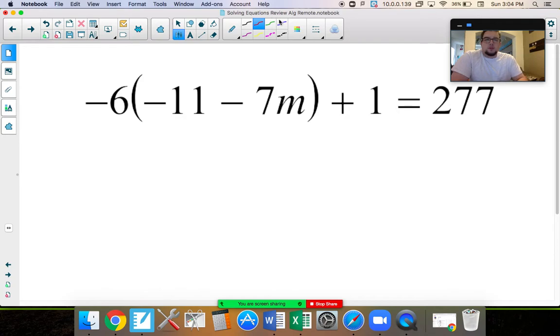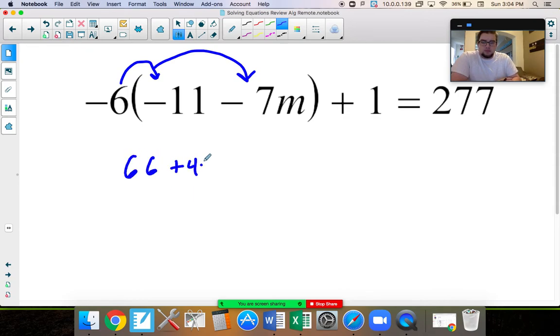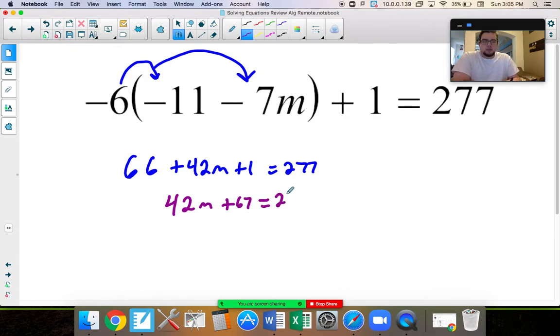We have some distributive property and some like terms here, so the first thing we're going to do is distribute the negative 6. That gives us 66 plus 42m plus 1 is equal to 277. Combine my like terms, I get 42m plus 67 is equal to 277.